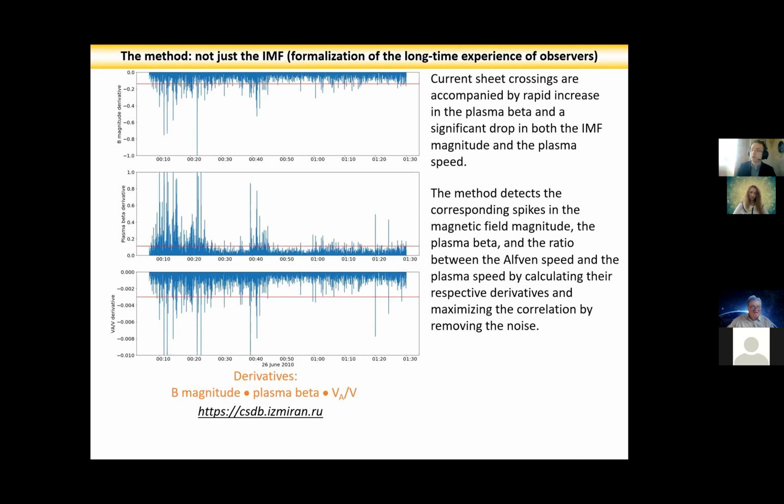I didn't mark it down on the slide, but it is important to notice that we require the magnetic field magnitude to be over a certain threshold, while for the other two parameters, we're fine with just one of them being over the corresponding threshold.